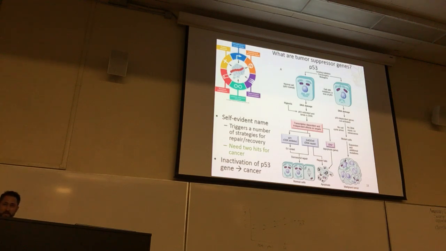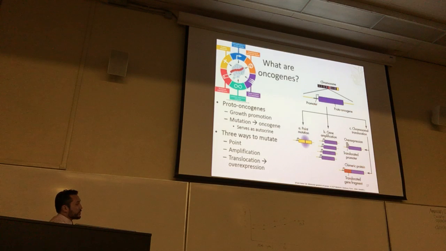Okay, so what are these again? These are regulatory genes, tumor suppressor genes, regulatory genes that evaluate the integrity of the DNA. If they see something that's problematic, they make it stop and pause. You have the ability to correct. Say, for example, you want to correct that point mutation.